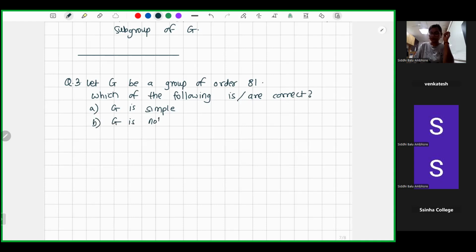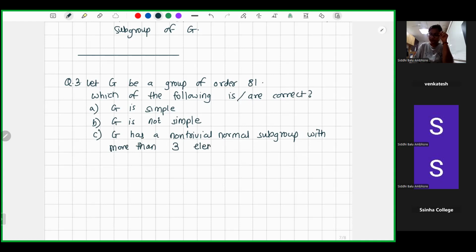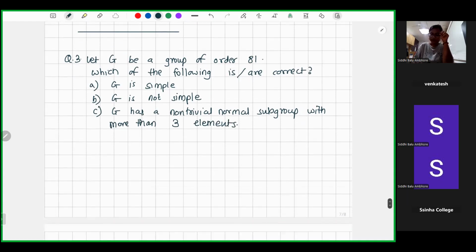B, G is not simple. C, G has a non-trivial normal subgroup with more than 3 elements. And D, all the above.